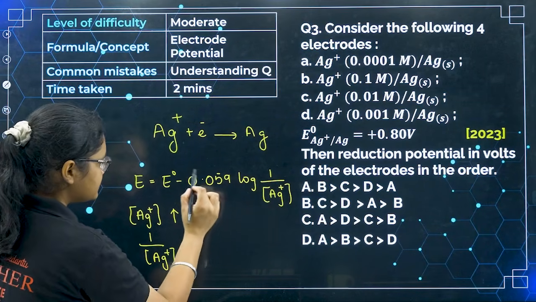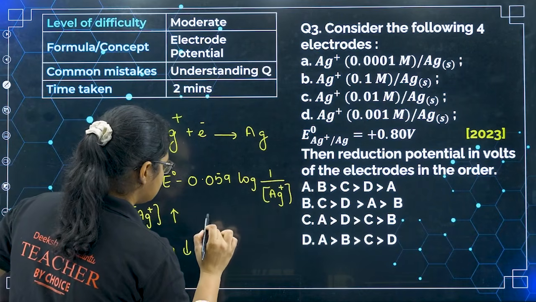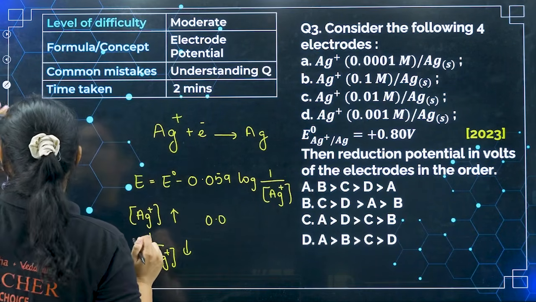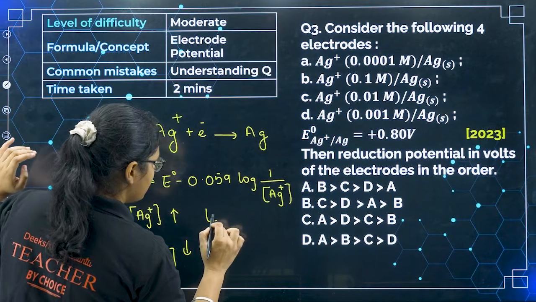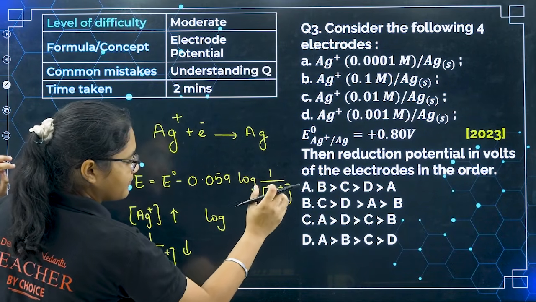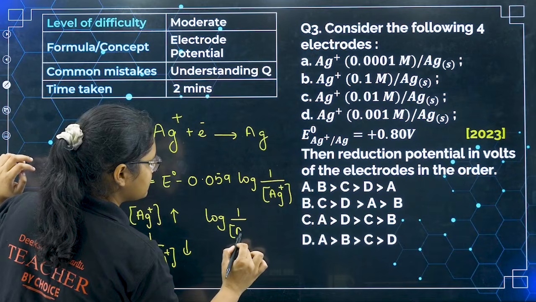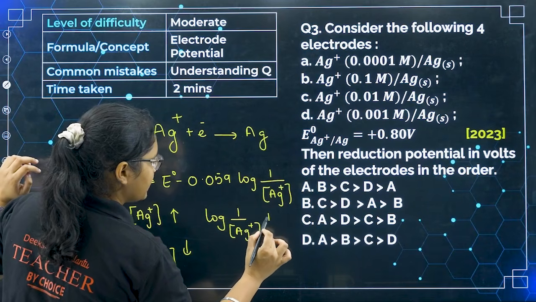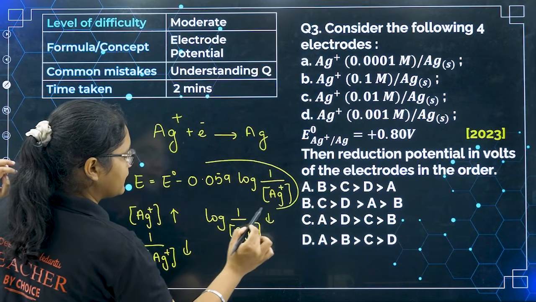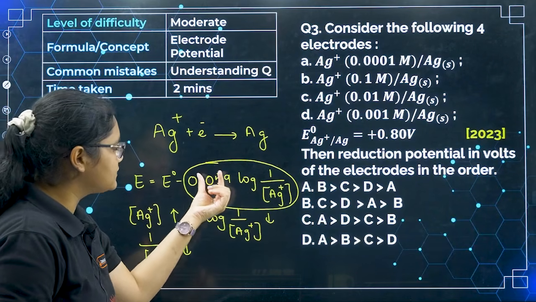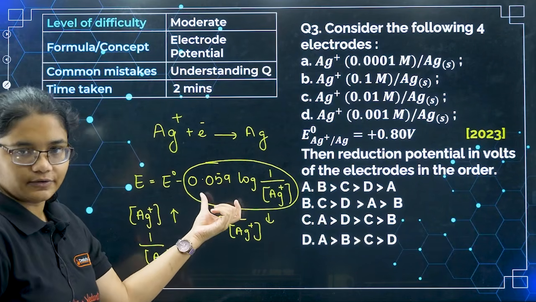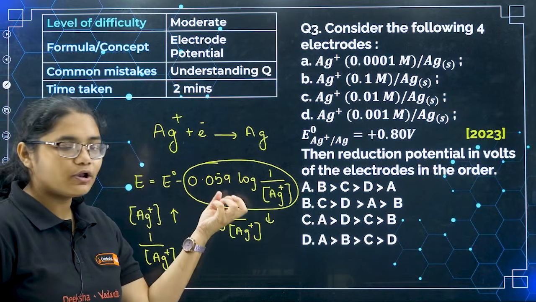That means this log value will also decrease. If this number becomes a smaller number, then the log of this one will also become a smaller number, right? Then this whole number that you are multiplying also becomes a smaller number, meaning you are subtracting a smaller number from this one, right? E naught minus a smaller number.